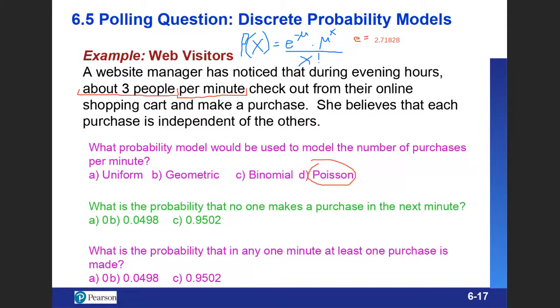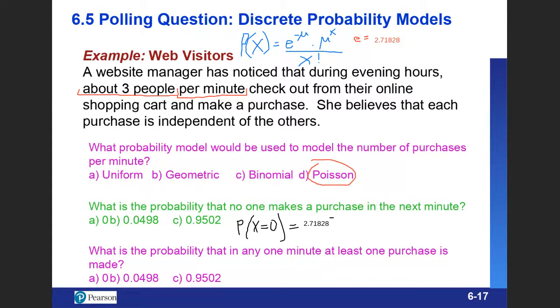So let's see. If you had to plug it in, e is 2.71828. We're saying makes no purchase, so X is 0, is equal to e raised to the power, what's mu? 3.